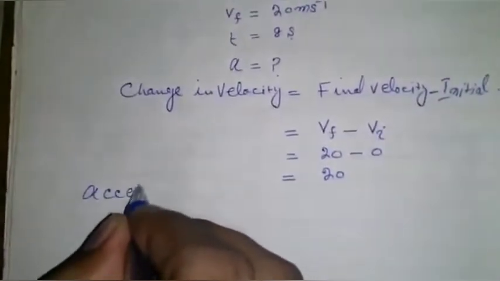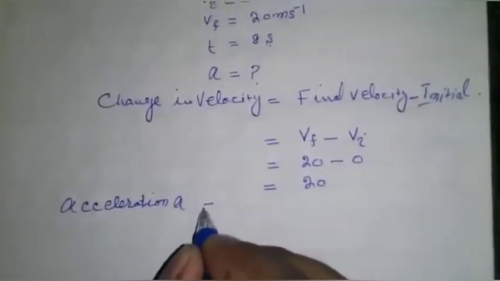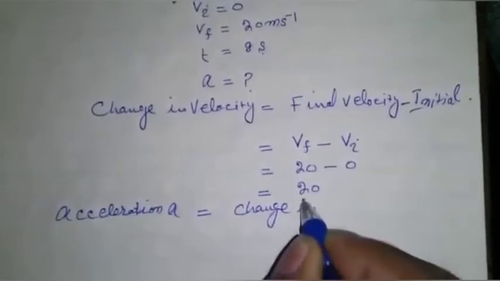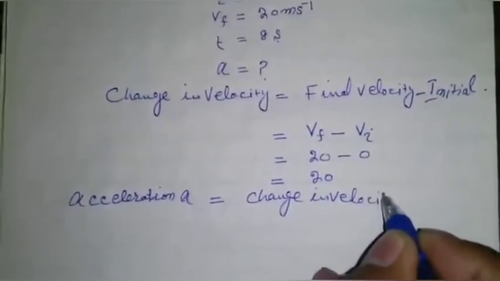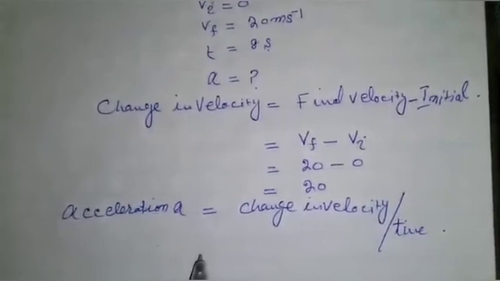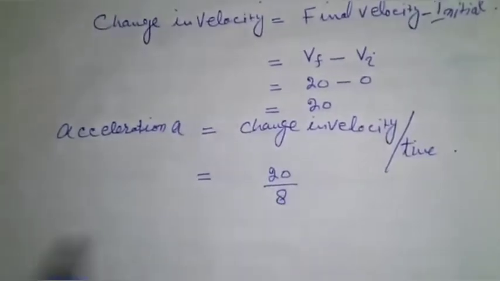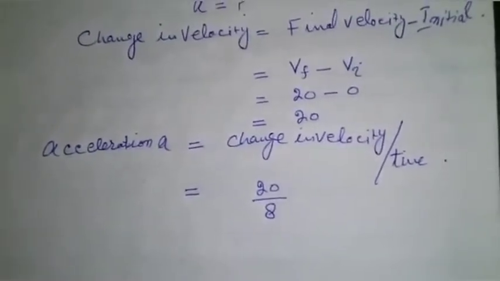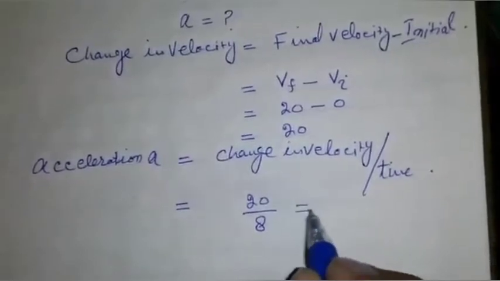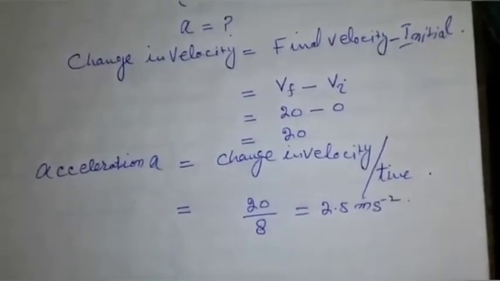Acceleration a is equal to change in velocity divided by time, which is equal to 20 over 8. 20 divided by 8 is equal to 2.5 meter per second squared.